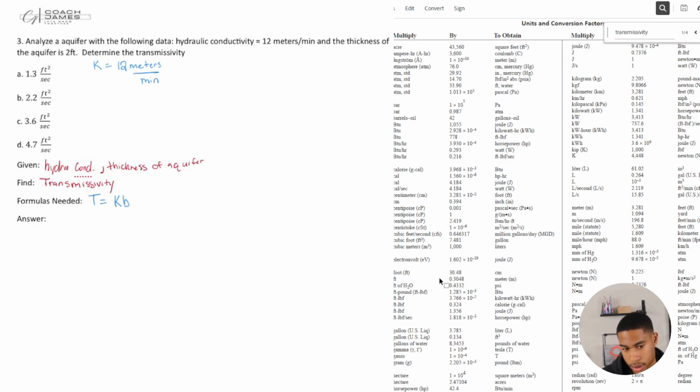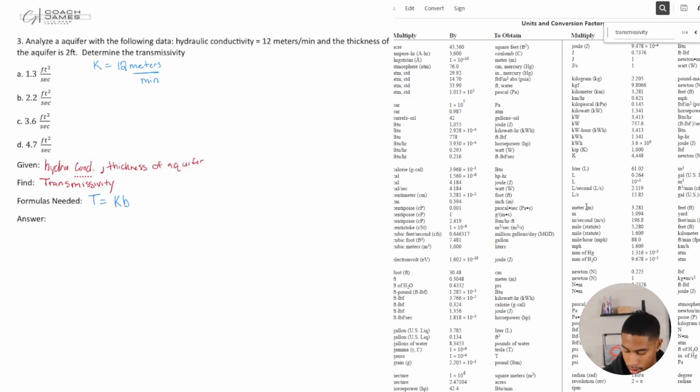So 1 foot is going to be 0.3048 meters, or 1 meter is equal to 3.281 feet. It's the same thing.